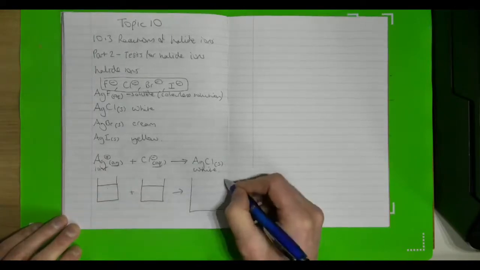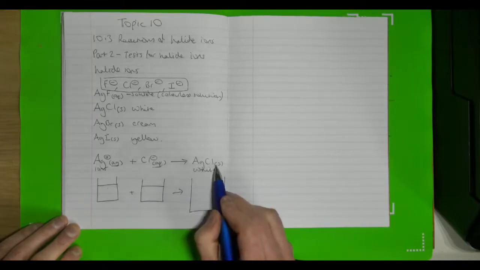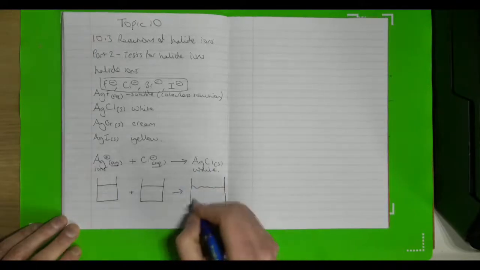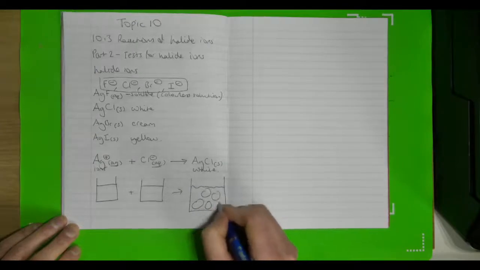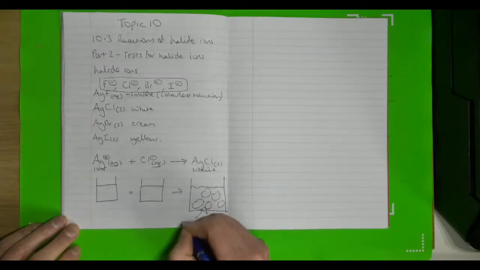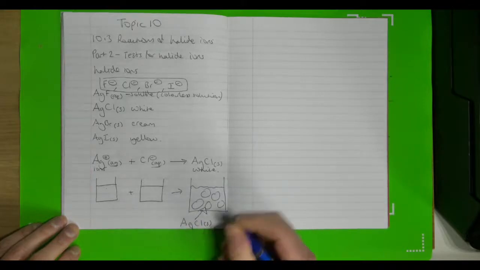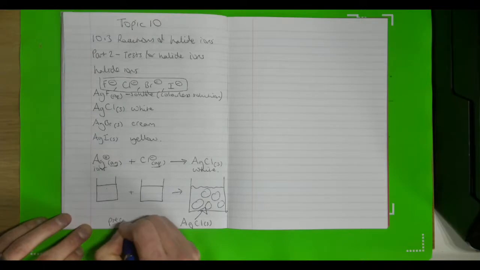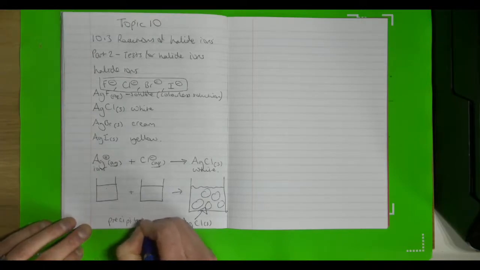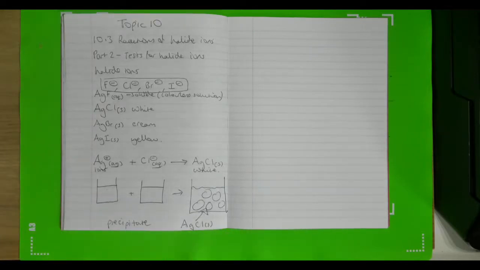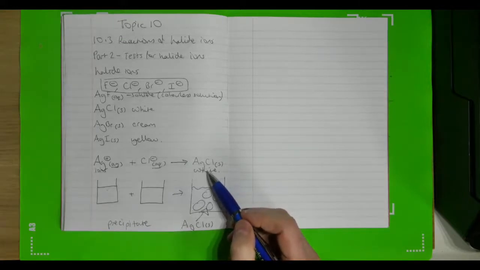What we get, because silver chloride is insoluble and it's white, is a solution, and in that you get these big lumps, and those lumps would be the silver chloride solid. And we'll call that a precipitate. A precipitate is just a solid in a solution. That's what a precipitate is. And that would be white. Okay?